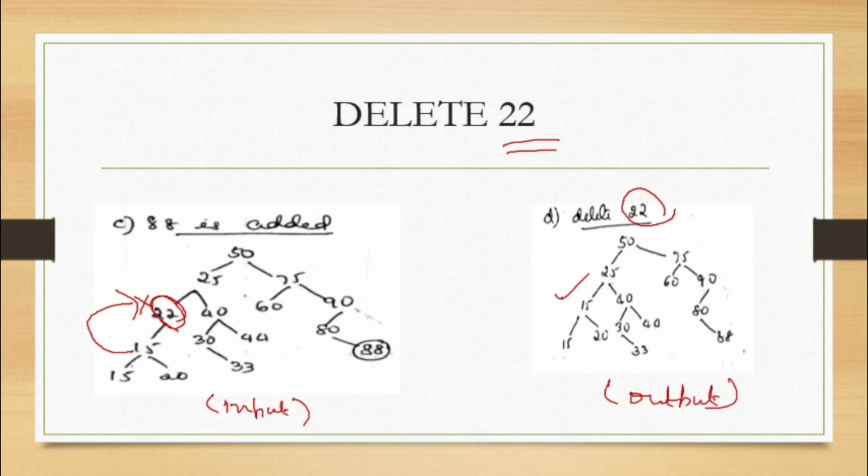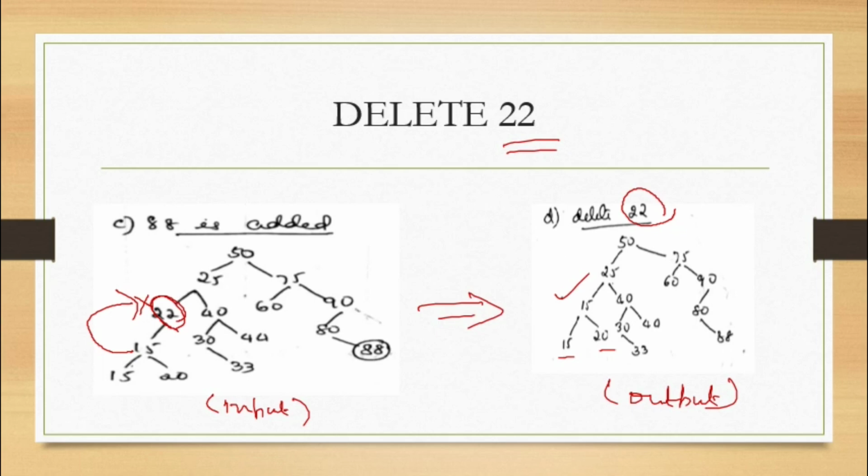You directly put that 15 in place of 22, and all the other things remain the same. As 22 has only one child, its child will replace it. That is what you can see in the output. So this is the case of one child deletion.